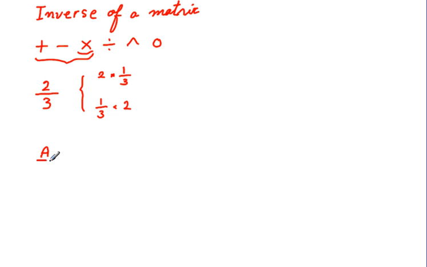So the notation A over B is not going to be well defined, because presumably you can interpret it in one of two ways. This can be A times 1 over B, or it can be 1 over B times A. We said matrix multiplication has a lot of properties similar to ordinary multiplication except one thing. What was that property it doesn't share with ordinary multiplication?